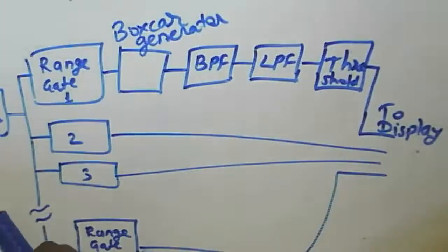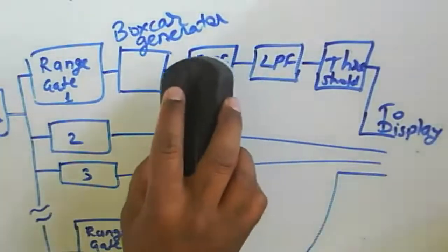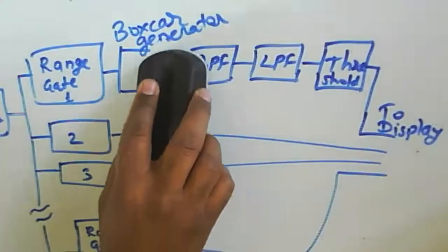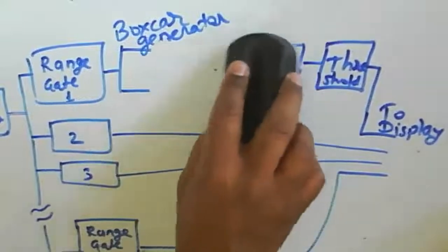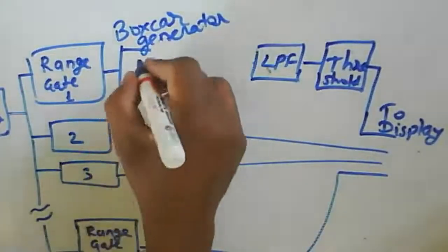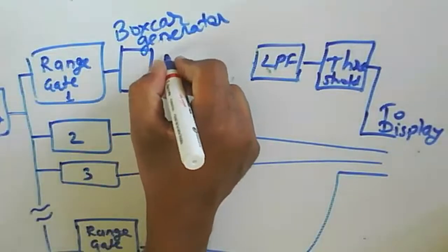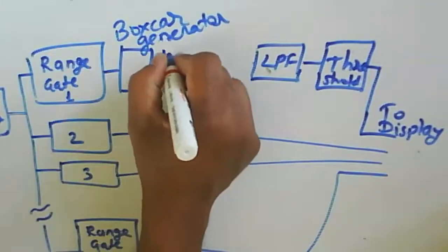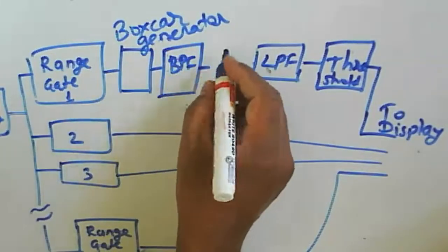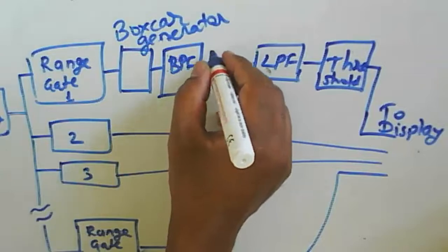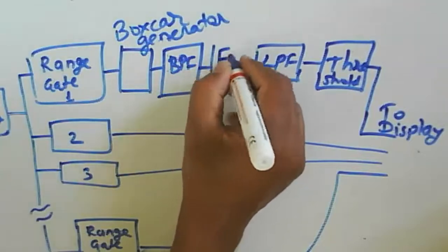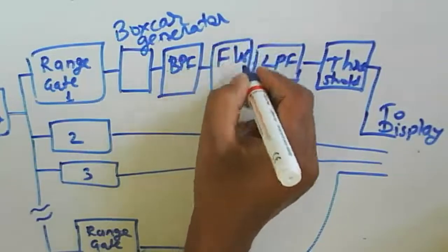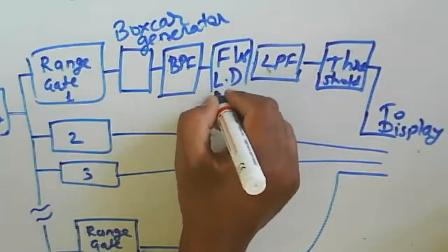Now what happened here? I missed one more block. After the boxcar generator and the band pass filter, we have a full wave linear detector.